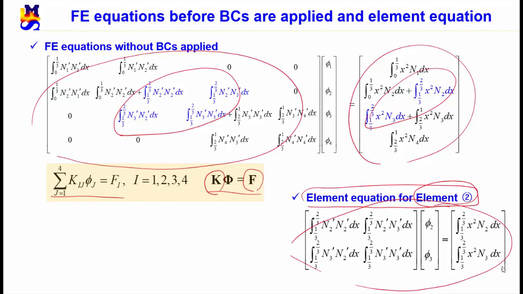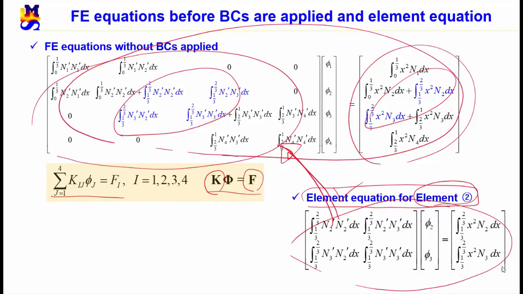I'd like to emphasize that these equations are meaningless before getting assembled into the entire finite element equations. That is, the solution of them is meaningless, and they are prepared only to be assembled into the entire finite element equations.